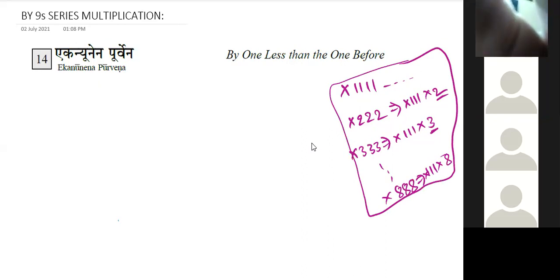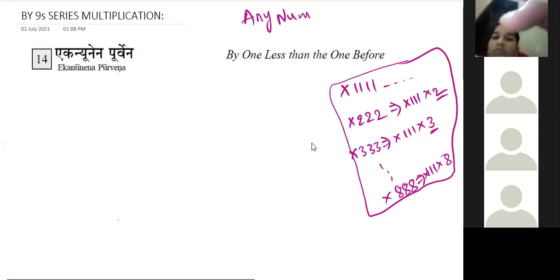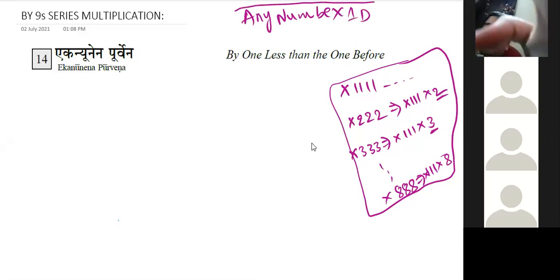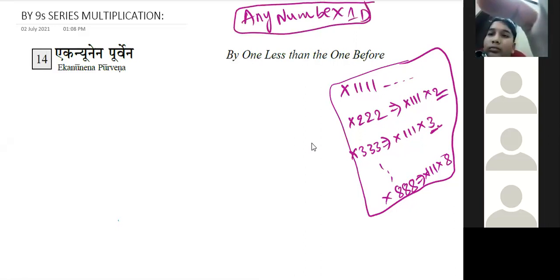After covering any number into a single digit, we'll do some more exercises with this type. Later we'll see the remaining 3, 4, 5, 6, 7, 8. Sir, what is the meaning of Ekadhikena?